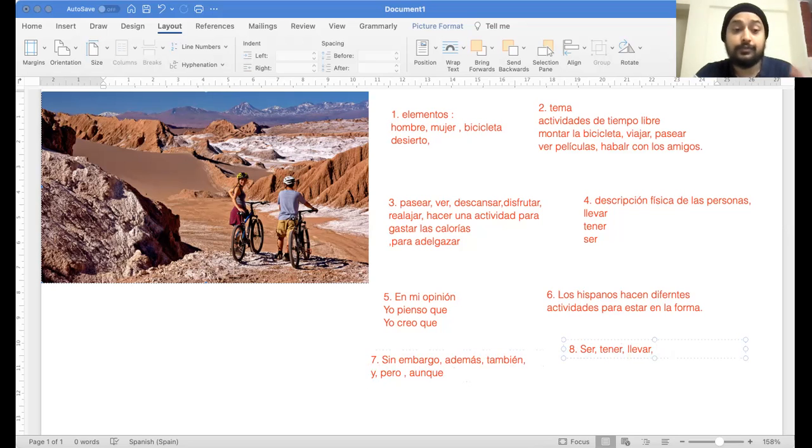These are the important ones because for the physical description, tener, llevar verbs come, and for their state of mind, estar, and for their personality, ser, right? Pensar, and in the ninth point, you can use different tenses: presente, pretérito indefinido, futuro, that you have to use, right? Pretérito perfecto. So this is my way of writing.